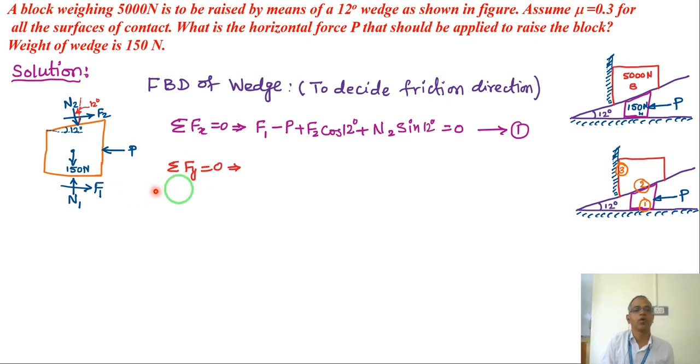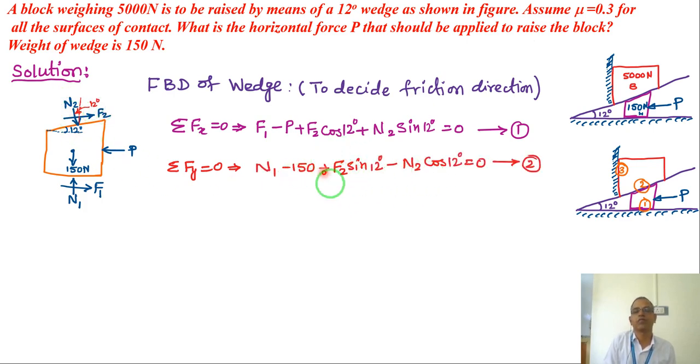Similarly vertical: N1, 150, N2 cos 12 degrees, F2 sin 12 degrees. Then the friction equation: F equals 0.3 N, it is N1 here, and because the friction coefficient is the same for all contact surfaces, F2 here will be 0.3 times N2, right?